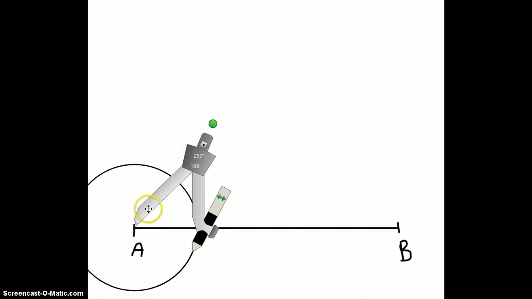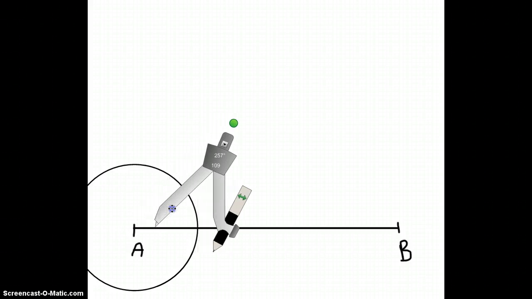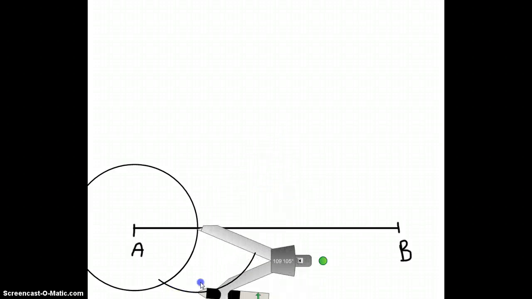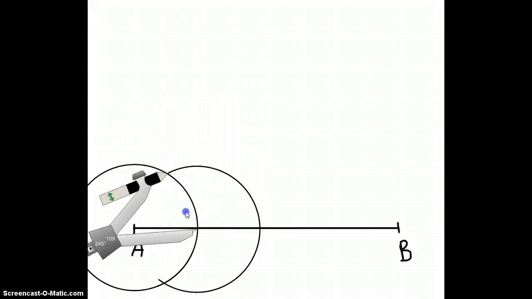If I then take my compass and I move it slightly over, and I draw another arc, and in this case I'm going to draw my arc down so it crosses, and I'm going to label this point point C. We find that every point on circle A is going to be a distance, let's call this distance R, a distance R from point A to the outside of the circle.